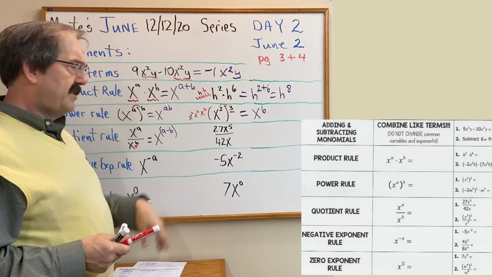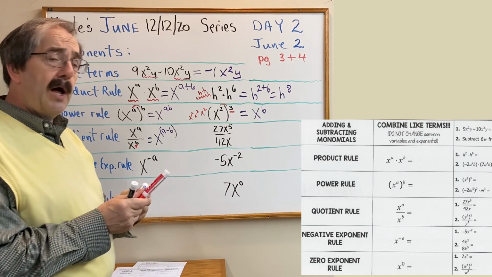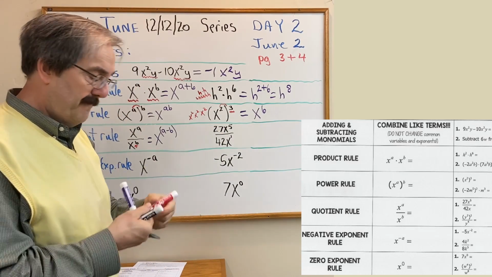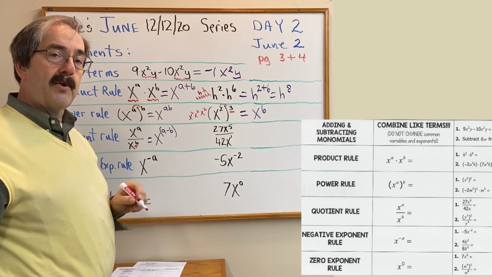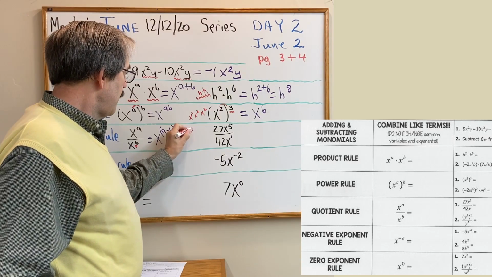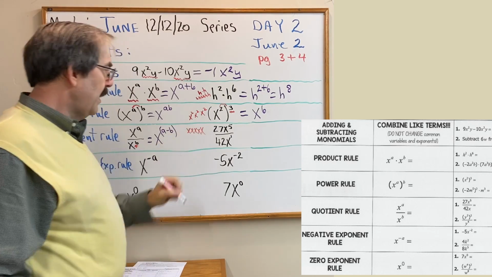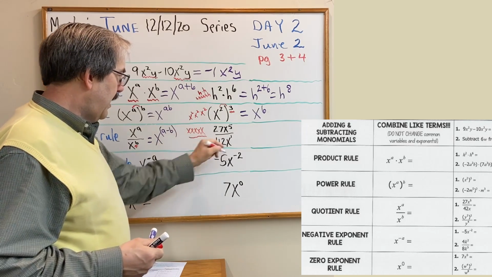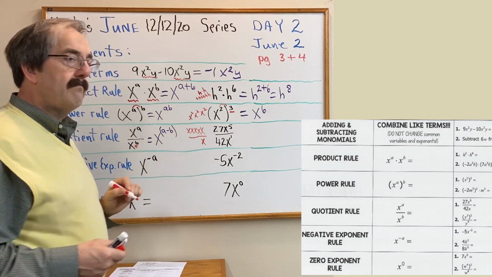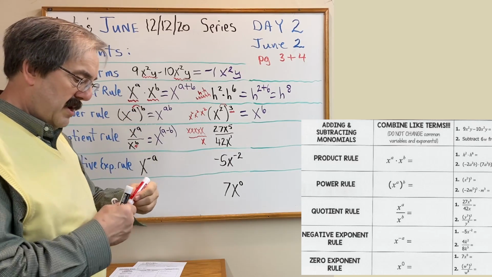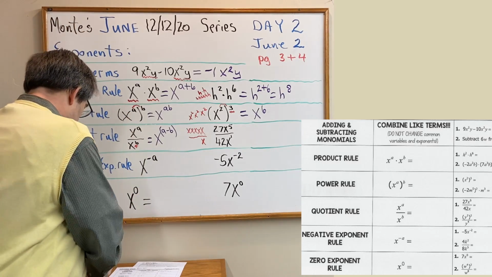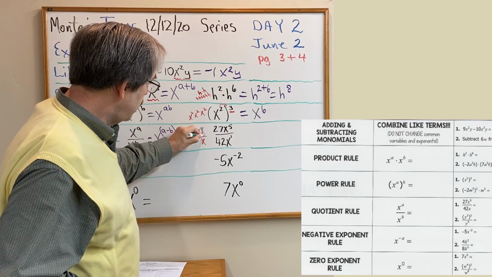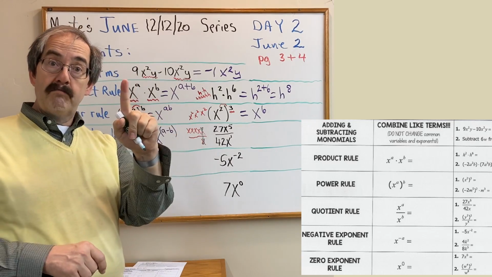27x to the 5 divided by 42x to the 1. There's a little 1 right there. Okay? Now, how many x's are there on top? 5 x's on top. How many x's down below? 1. Now, we know that x divided by x is just 1.